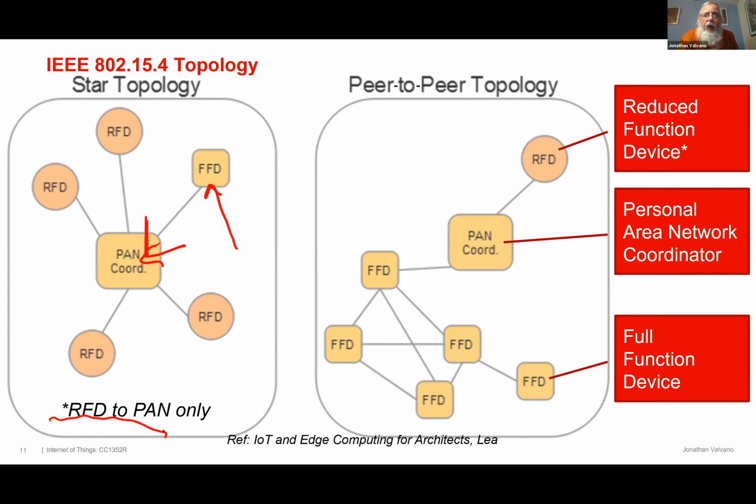Whereas if you don't have a beacon, then the full function devices can form a network and talk to each other. This circle here is non-beaconed. Again, the personal area network coordinator, the PAN coordinator, is the thing sending the beacons.